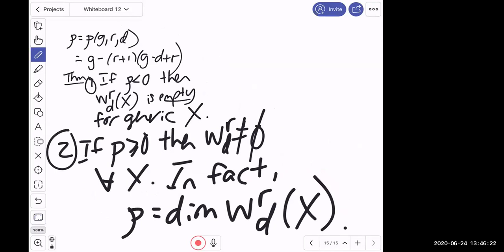Now, what does generic mean here? What does it mean to have a generic curve? Well, it turns out that the moduli space of curves of genus g is irreducible. And so you can really give a precise meaning to this. It means that this property holds for an open, dense subset of the moduli space of curves.